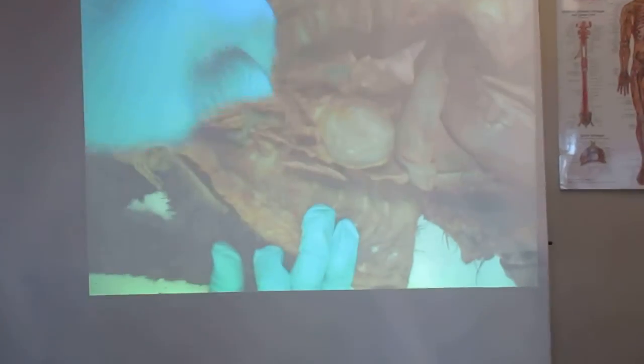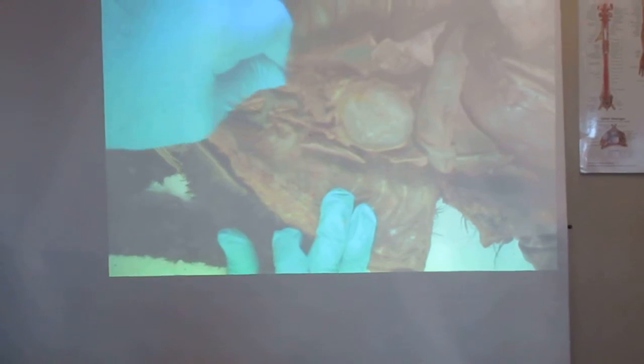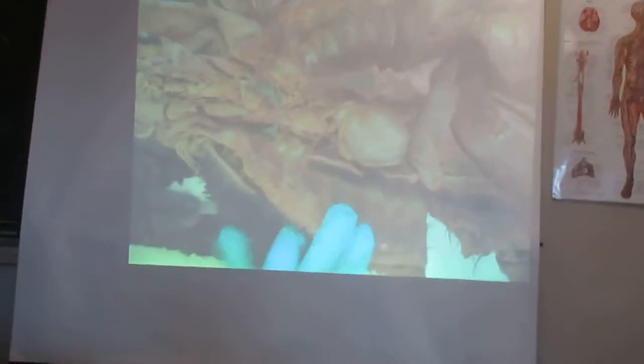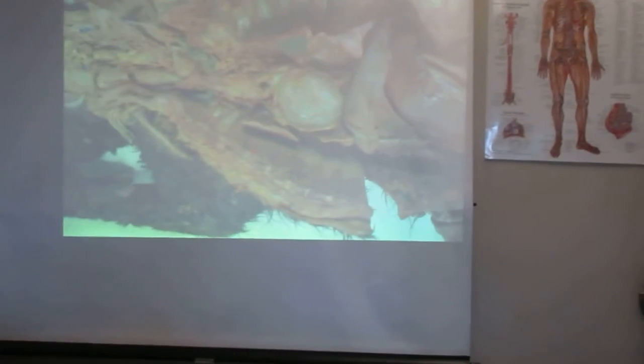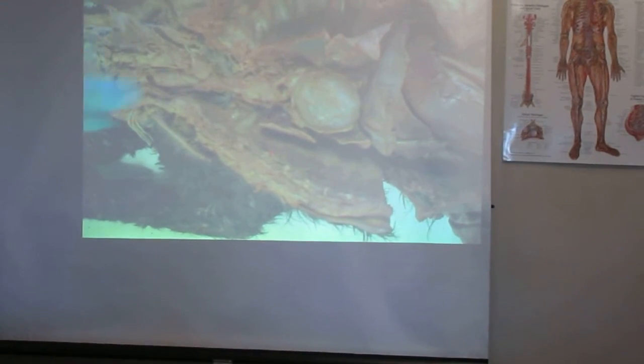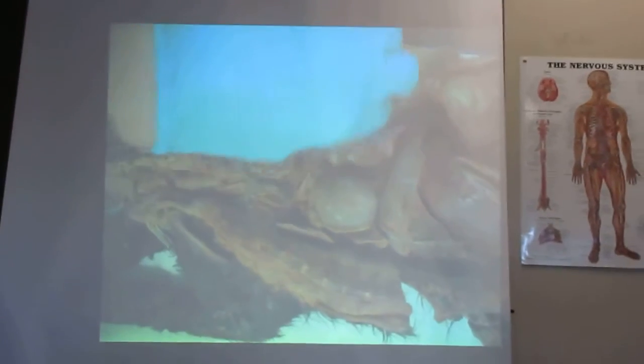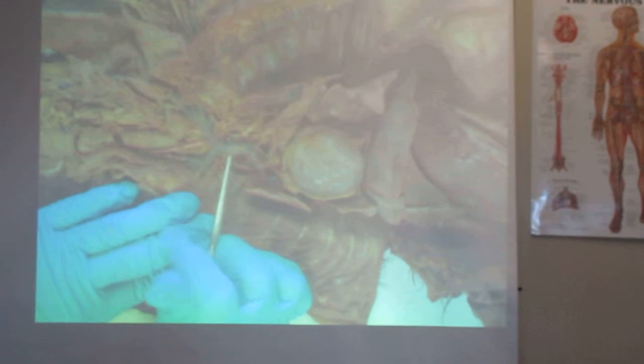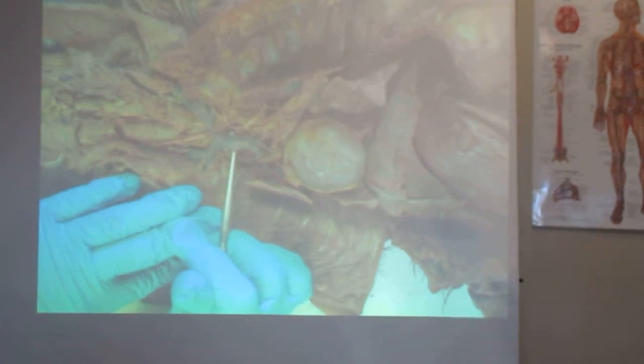We know this is the thymus gland. It lies over the surface of the vessels that are going to be on the heart. So we get a chance to see that. Now, here's our superior vena cava. Make sense?